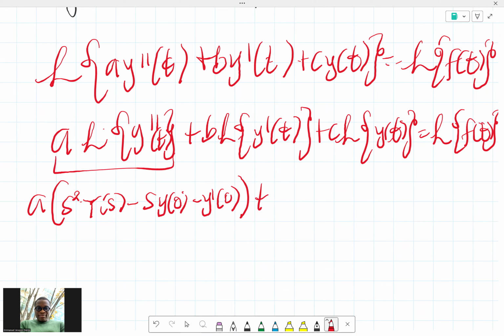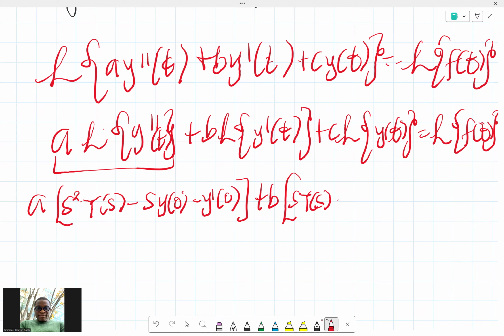Then for the next one, b times s Y(s) minus y(0), since it's first order so s is just power 1.